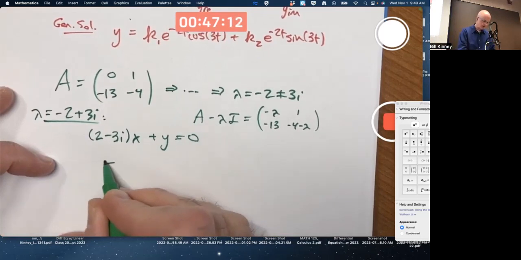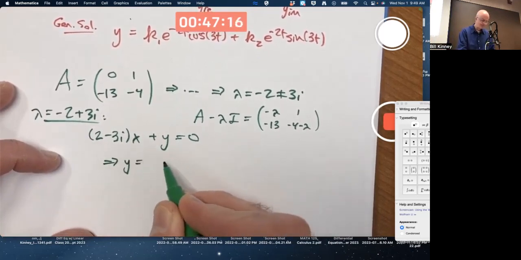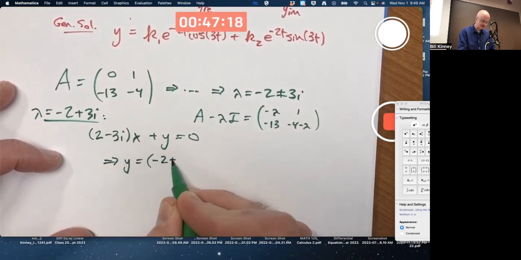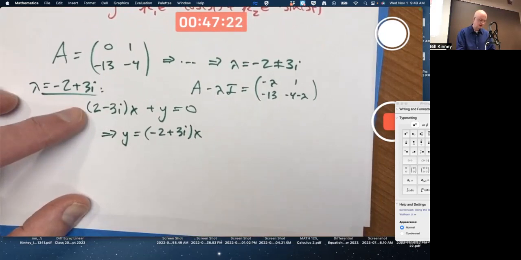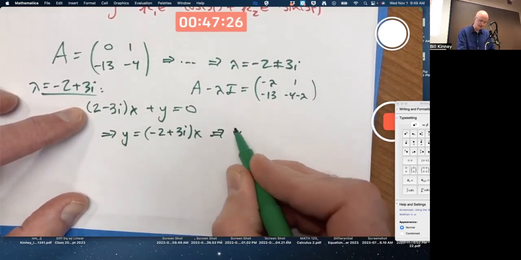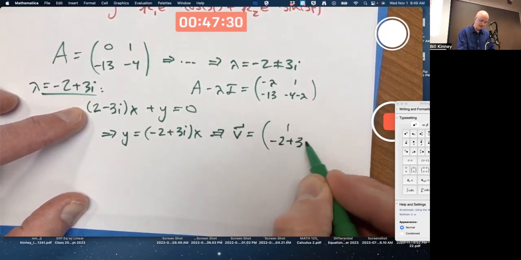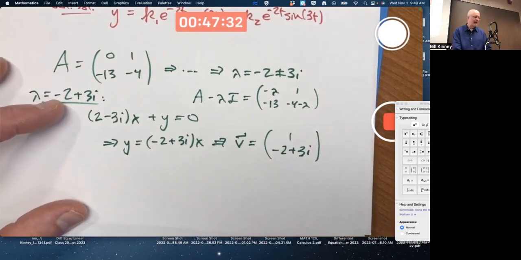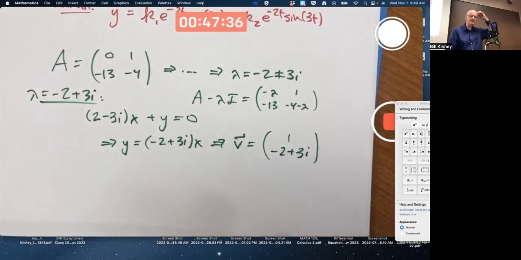So what do I do now? I guess I'd get this. I subtracted this from both sides. And now should I treat x as a free variable and do this? Yep, that's a good idea. And if you got complex eigenvalues, it shouldn't be surprising that your eigenvectors are also complex.